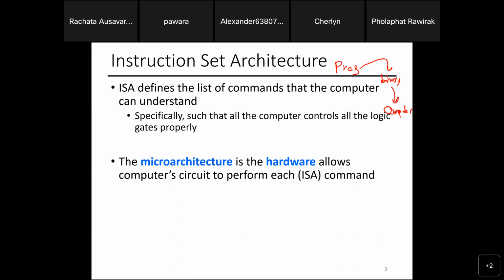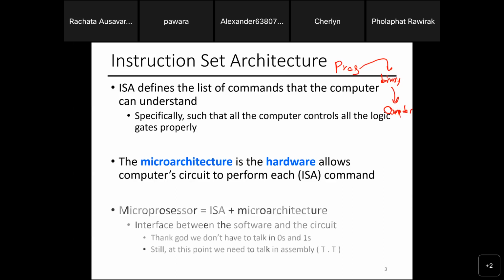What are the circuitry elements that I have to put together to run the command? All right. So your microprocessor that you buy, your Intel and AMD and Mac M1, M2 CPU, they are basically ISA and microarchitecture. It's the interface between the software and the circuits, right?